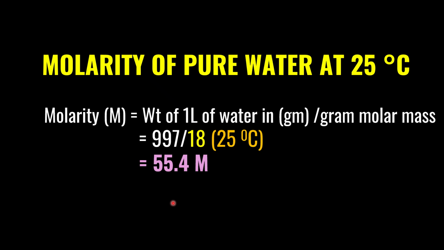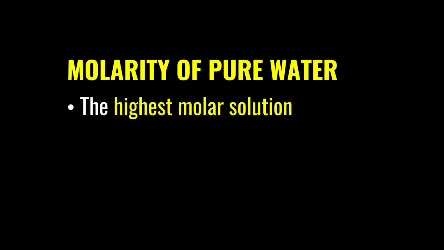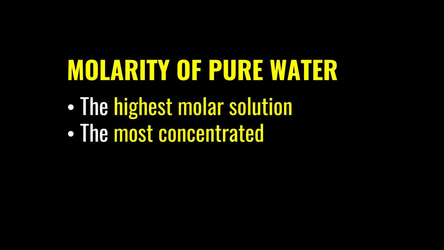So water indeed has very high molarity. You cannot have any other substance with such high molarity. So pure water is the highest molar solution. It is the most concentrated solution having the highest molarity.